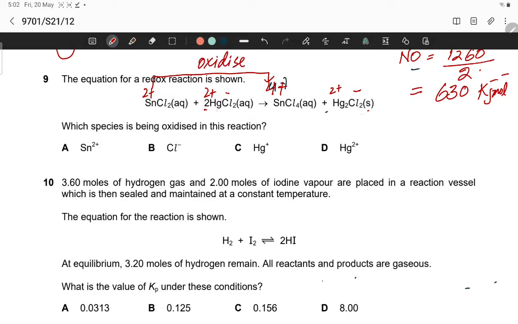No change with mercury over here and chlorine over here. So tin is oxidized. A option is correct.